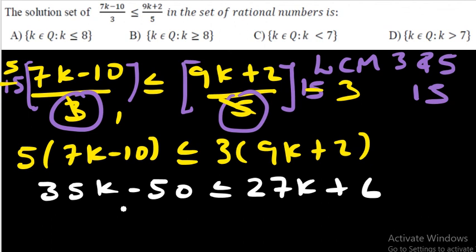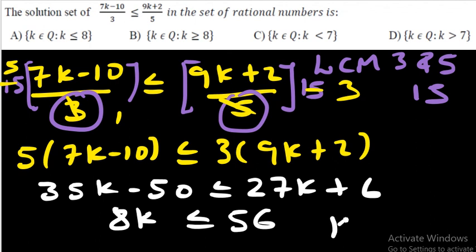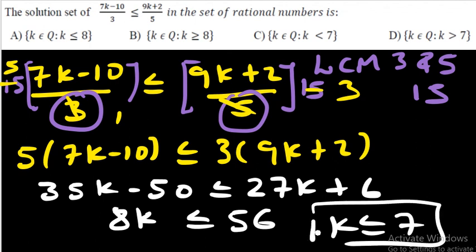Then reshuffle: bring 27k and subtract from 35k, it will be 8k remains, less than or equal to, and negative 50 goes to the other side and is added, so 56. Then divide by 8 on both sides, so k is less than or equal to 7, because I'm dividing by a positive number, so no sign change will be there.